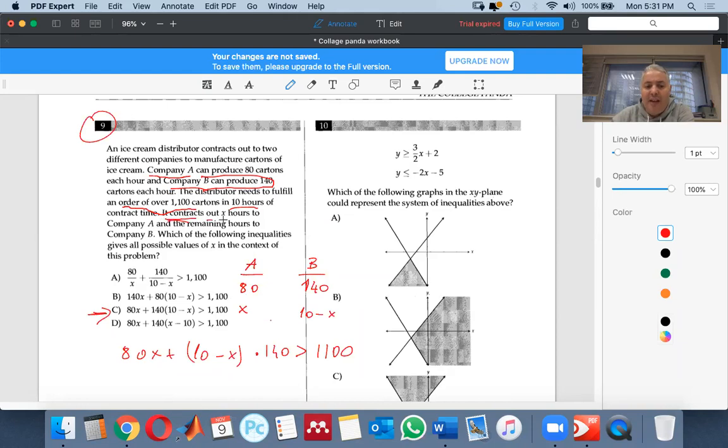It contracts out X hours to company A, X hours. But how many hours totally? Look, 10 hours. X could be 2, for example. So for B, how many hours are left? 8. If A works for 6 hours, B must work 4, since totally 10. So if this is x, the other must be 10 minus x.